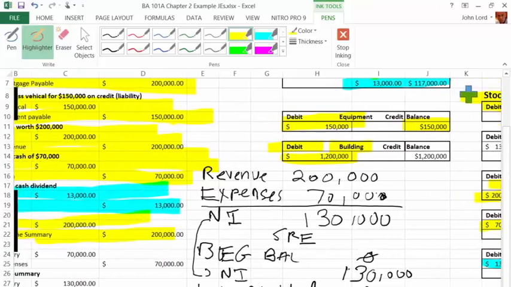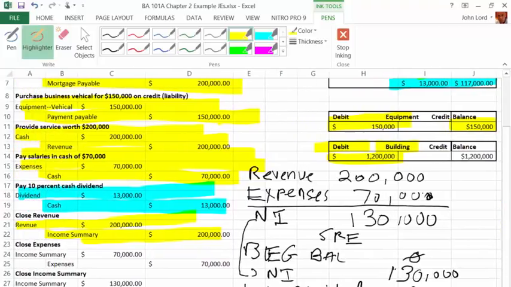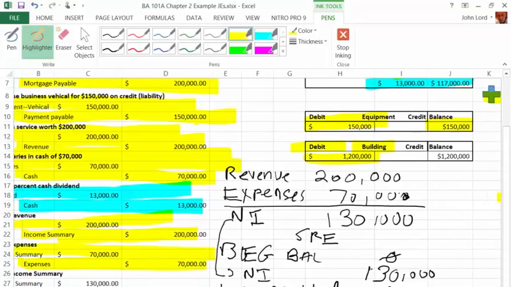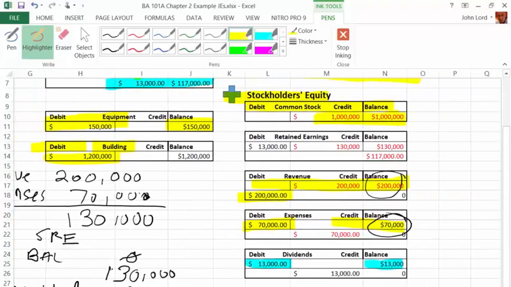I'm going to bring that down to my net income number here by now debiting income summary for 70,000 and crediting the expenses. That's in my journal. I come back to my ledger. I post that. Aren't you glad God invented computers? Because you're going to see in a minute how the computer is going to do this all for us.